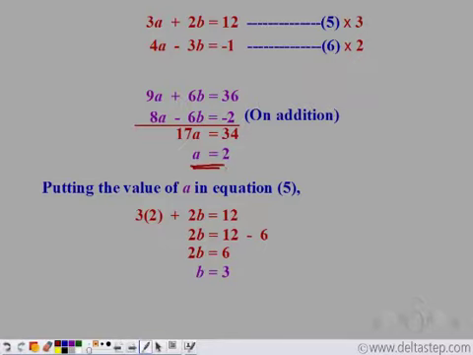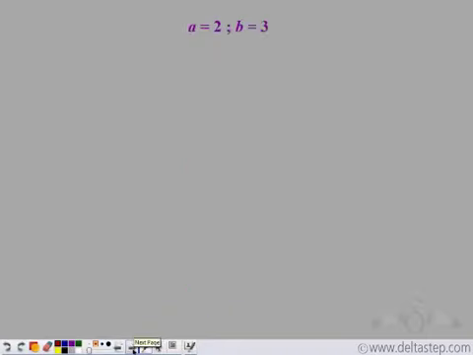So a is equal to 2 and b is equal to 3 is the solution of this pair of linear equations. But we actually want the solution of x and y. So let us use these values and our substitutions, that is 1 by root x equal to a and 1 by root y equal to b.